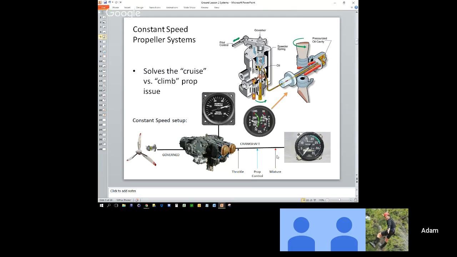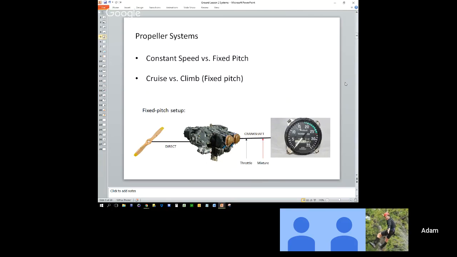Unlike the fixed pitch system here, where the throttle is a direct contributor to your RPMs, meaning if I want 100% throttle, I'm going to get max power, max RPMs. Pull the throttle all the way back, very little RPMs, very little power.